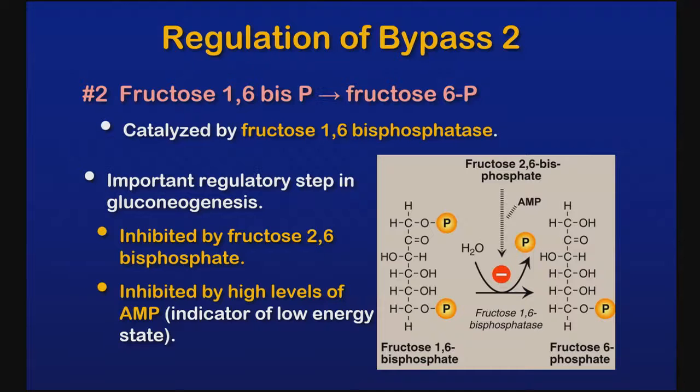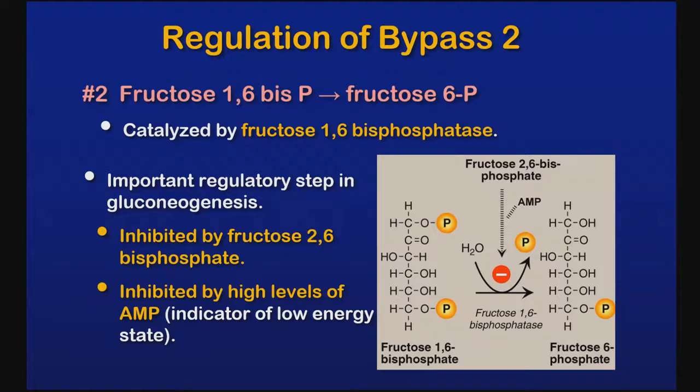But AMP is also telling you, okay, you're low energy, so that will also shut down the 1,6-bisphosphatase. And again, it's not complicated. Once you read glycolysis and understand that step, PFK1, and let me make that clear to you: you will not get a question on glycolysis without PFK1. Because that's the rate-determining step, the committed step. Once the 1,6-bisphosphate is formed, the fructose has to go through glycolysis.